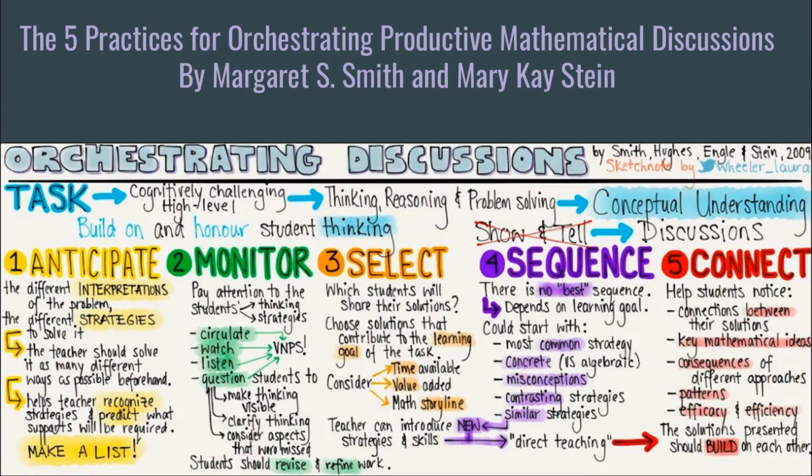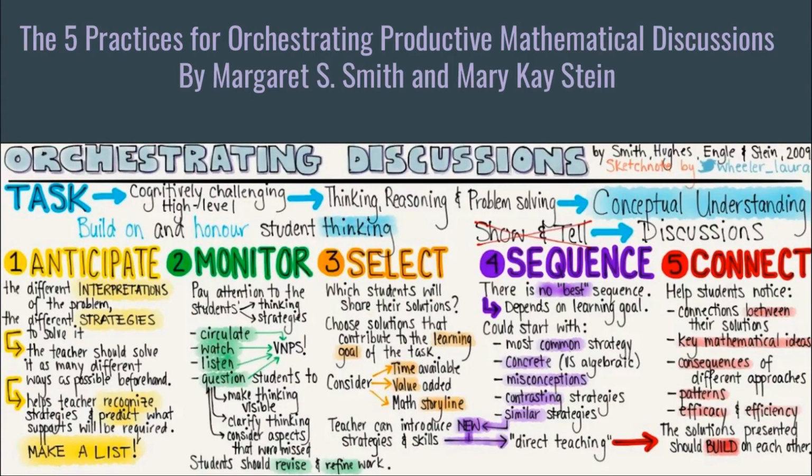But this idea, I think, is one that many of us do in our math classes often when we have whole class conversations. It's about anticipating what you believe is the mathematics that your students will arise, anticipating what you believe different strategies will be, what some common misconceptions might be.